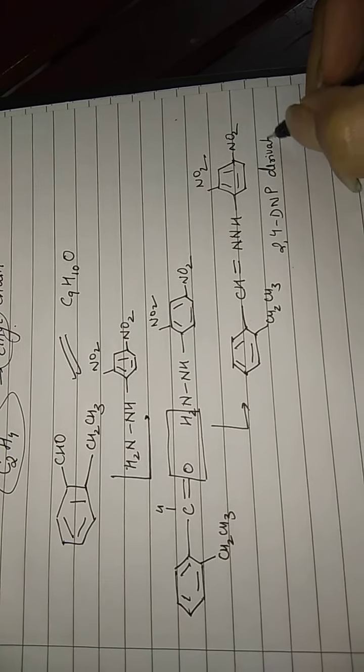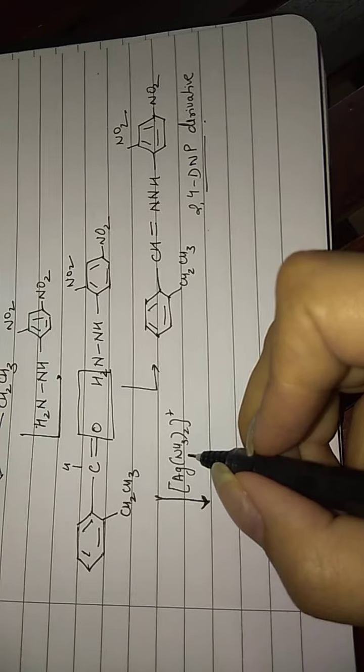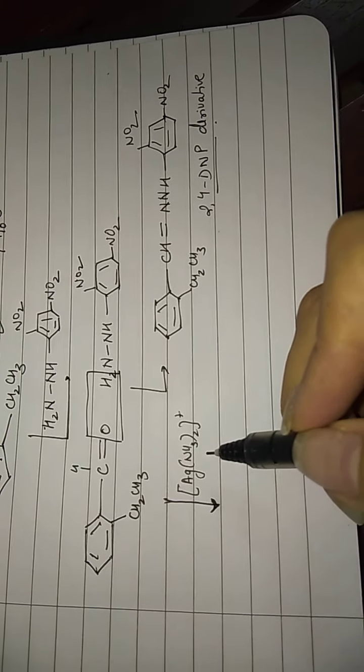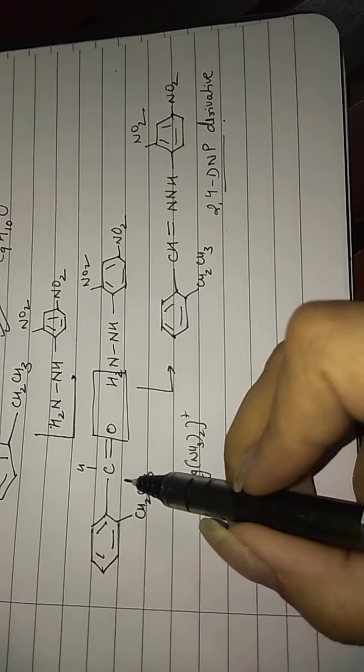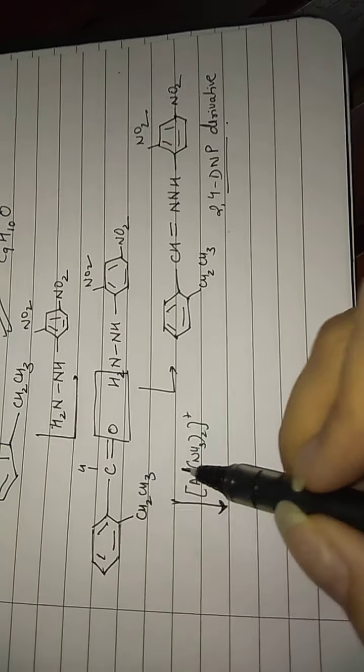The next thing they are saying is that it reduces the Tollens reagent. Let me directly react it here with the Tollens reagent, Ag(NH3)2 plus. Now what does the Tollens reagent do? As I said earlier, Tollens reagent is an oxidizing agent which oxidizes the aldehyde and itself gets reduced.